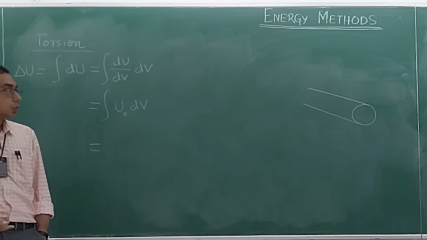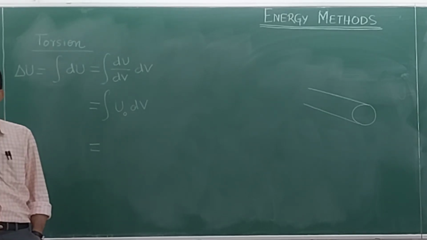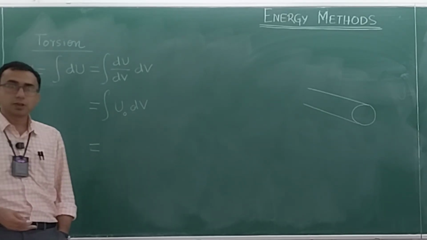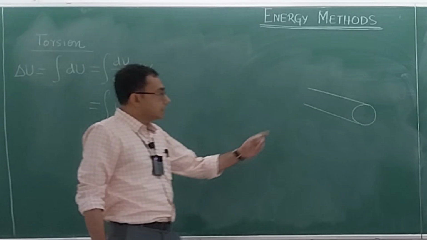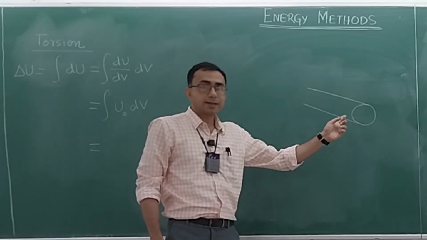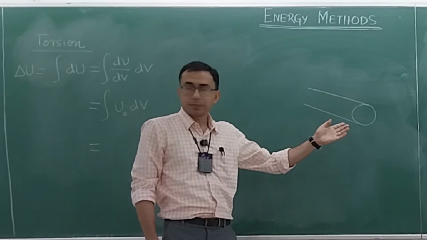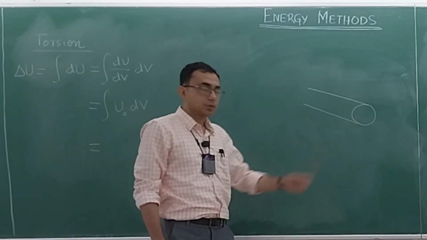Which kind of coordinate system is more natural to it? It is the cylindrical coordinate system. So we will write this dV in the cylindrical coordinate system. Okay. So earlier in the longitudinal direction, the axis which you had was x, but now it will be z.